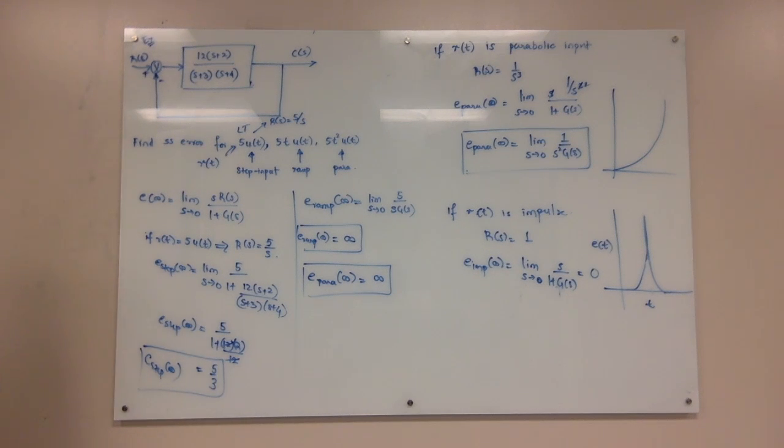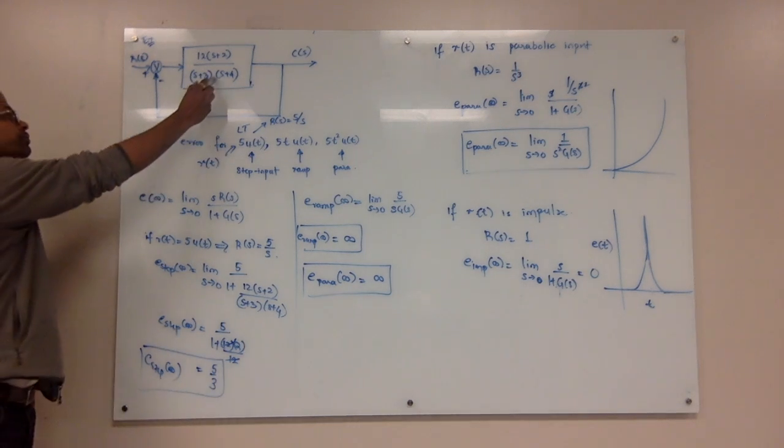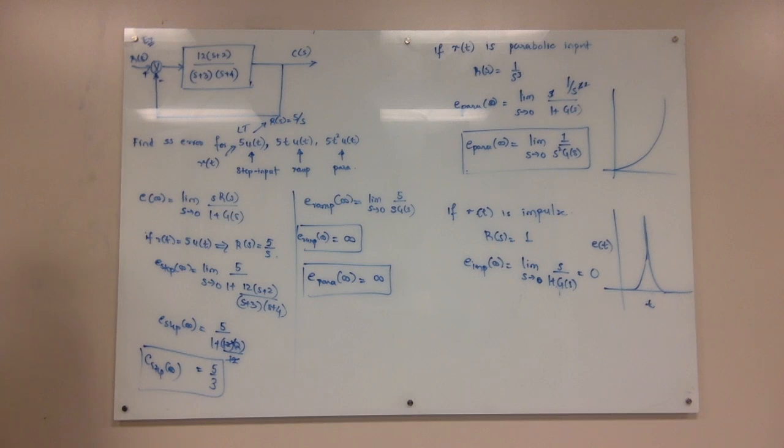So for this system, if you apply a ramp input, the steady state error will be huge. It will never get there. Does that make sense?